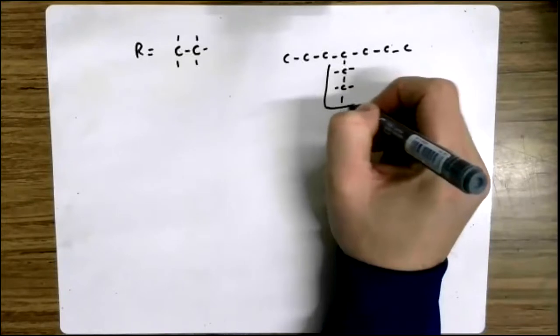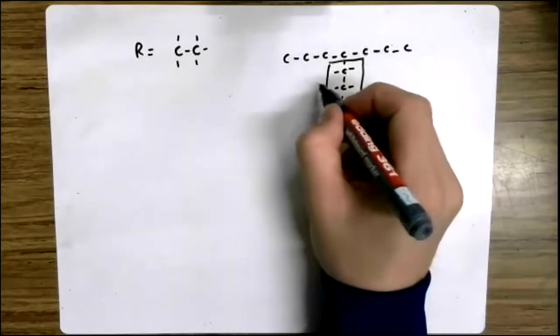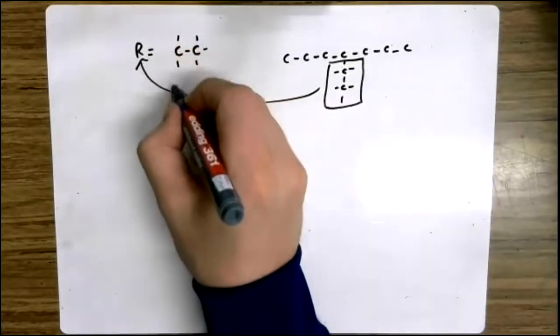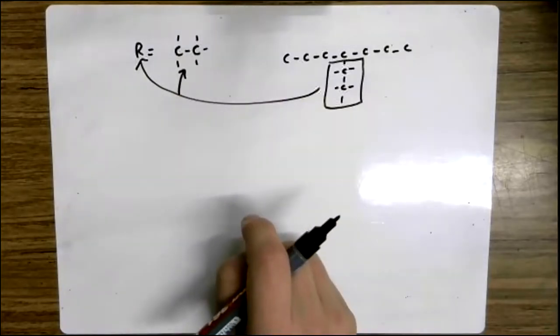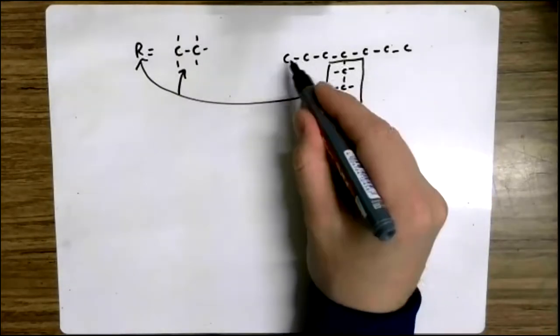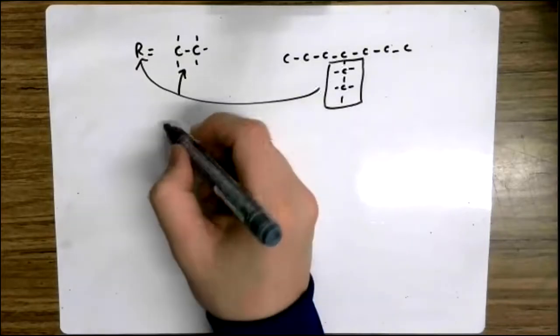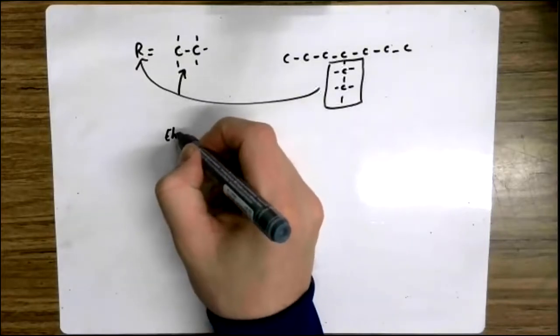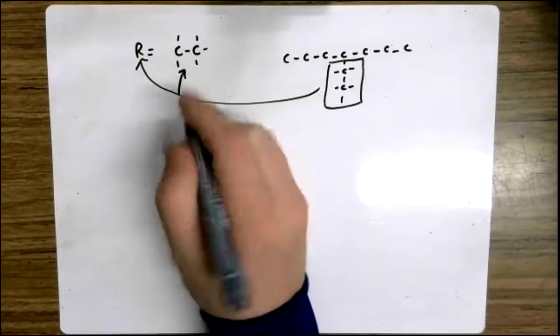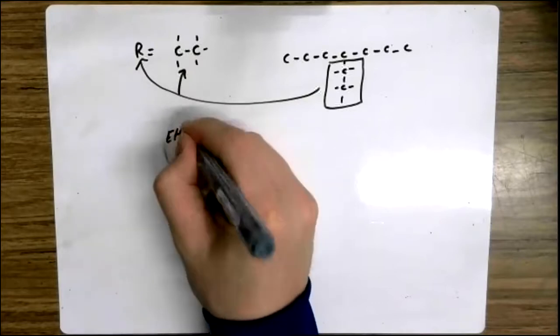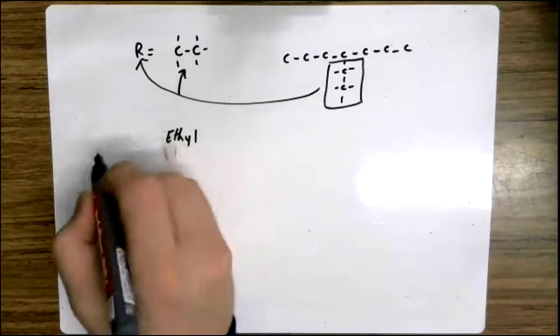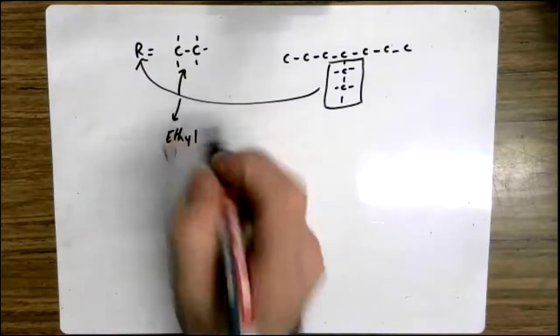Hopefully you can see here that this is an OR group. It's got 2 carbons and it's attached to a long carbon chain. This here is going to be an ethyl because it's 2 carbons, ETH, YL. So if we've got this guy, it's going to be called an ethyl.